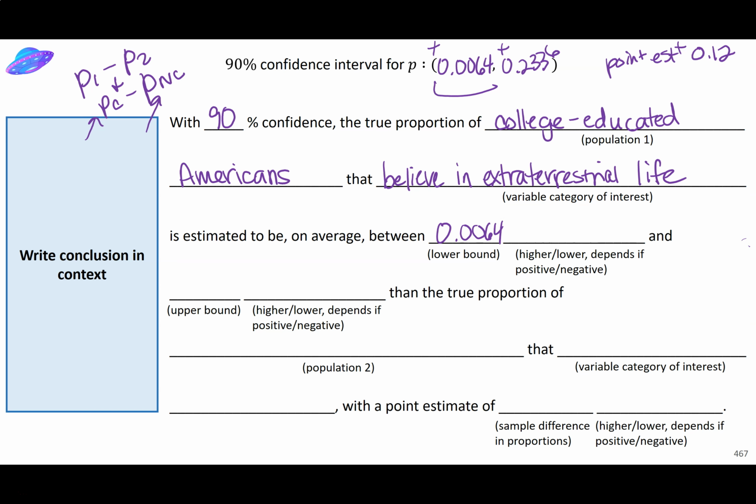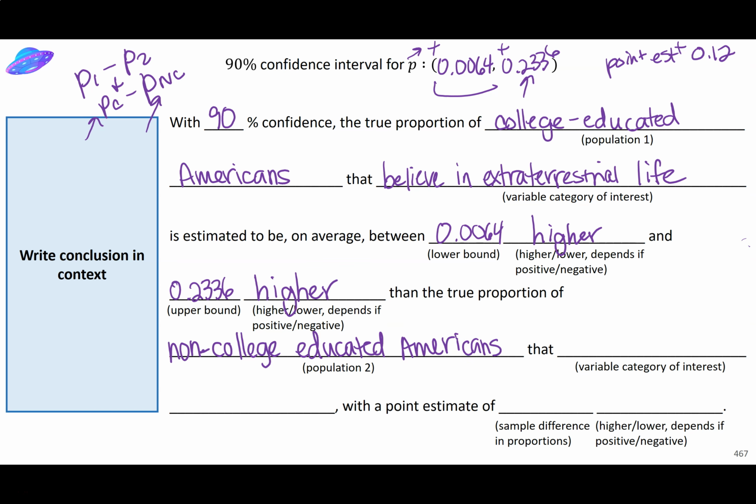0.0064, and it's positive, so higher, and 0.2336, that's also positive, higher, then the true proportion of, so now I'm going to repeat this for a second, non-college educated Americans that believe in extraterrestrial life.